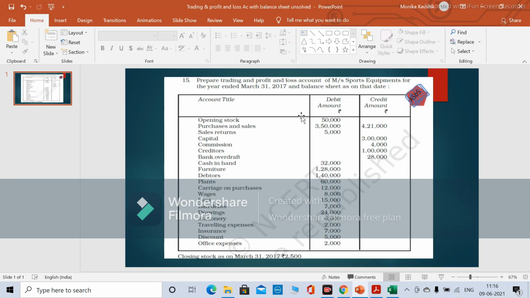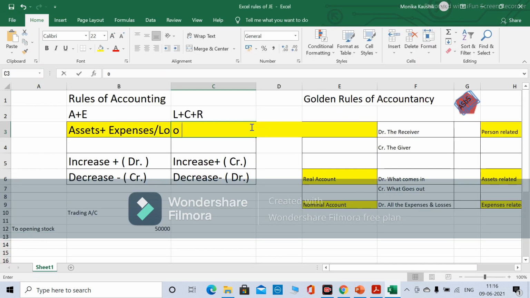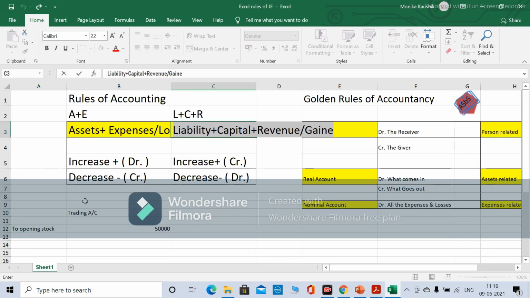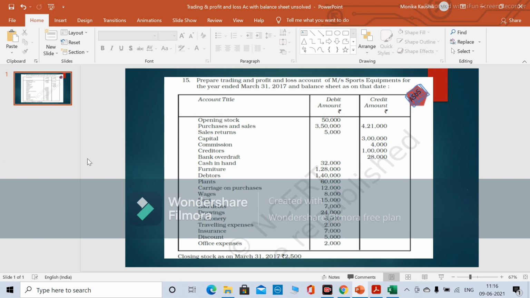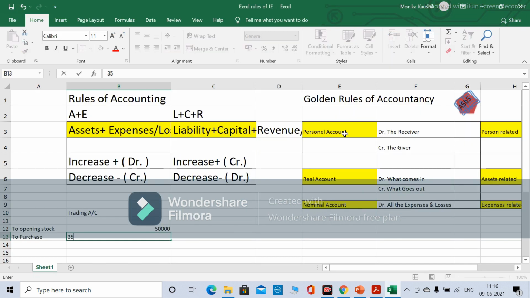Now purchase is always debit. Guys, just prepare this type of sheet and take a printout in front of you. Purchase 3,50,000. Just find out whether we have the purchase return available or not. Sales return is here. I don't think there is any purchase return, so no purchase return. Net purchase will be 3,50,000.